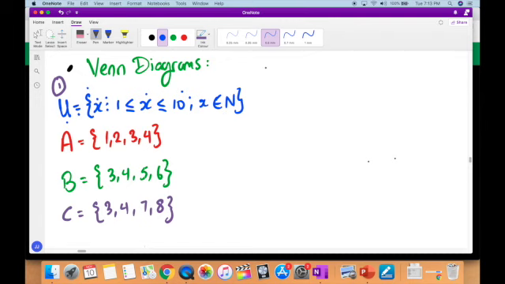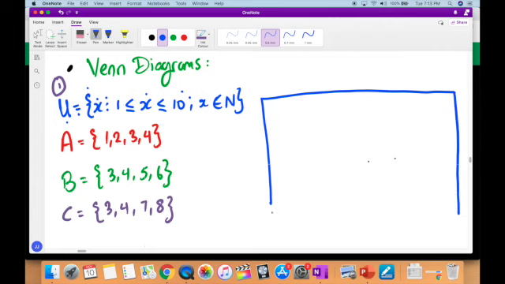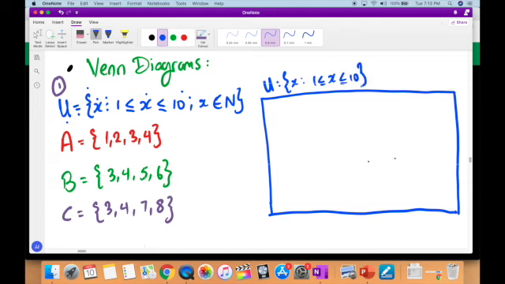So you don't have to deal with a half and a third and all that kind of thing. You're just dealing with normal numbers. Remember, my universal set is always a rectangle. You will lose marks if you do not have a rectangle for the universal set. So that is U, right?